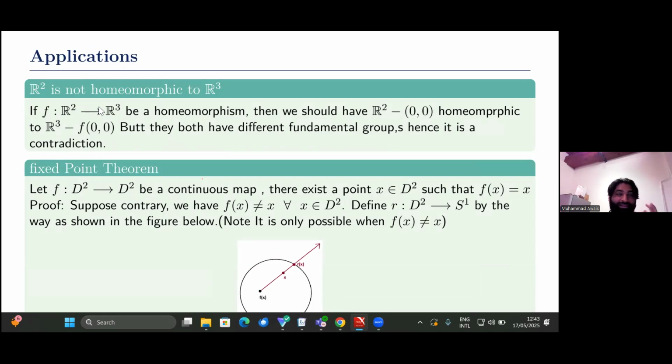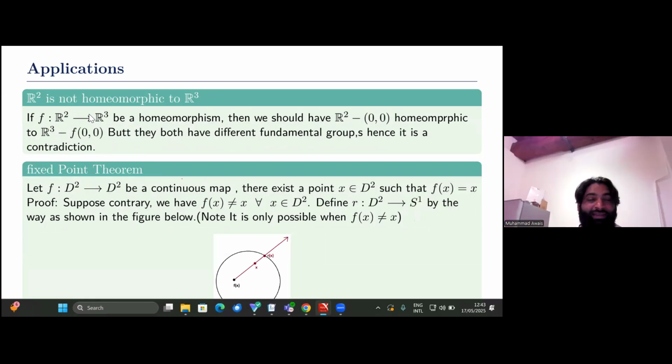This problem looks very easy, R2 something 2-dimensional and R3 something 3-dimensional, they cannot be homeomorphic to each other. But it's not very obvious to prove. How can you prove it? It's a very innocent statement, but using the fundamental group technique, one can prove it in 2 lines.